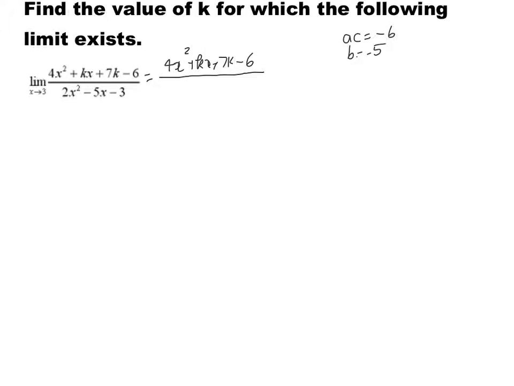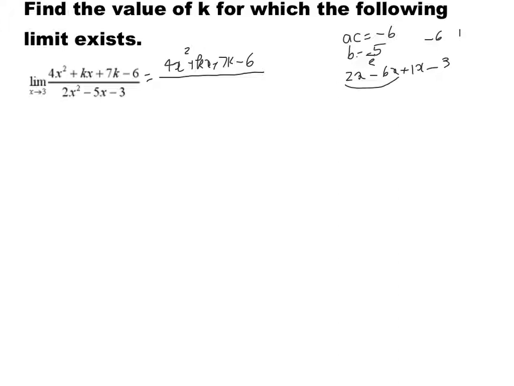Those two numbers are negative 6 and 1. So the middle term, negative 5x, can be decomposed into negative 6x plus 1x. So I can write the denominator as 2x squared minus 6x plus 1x minus 3.